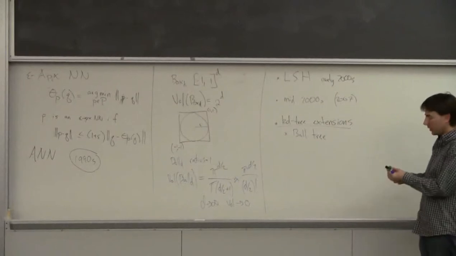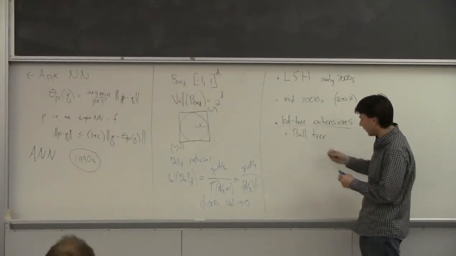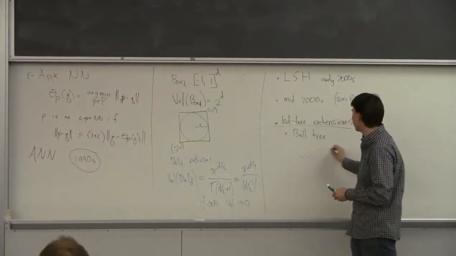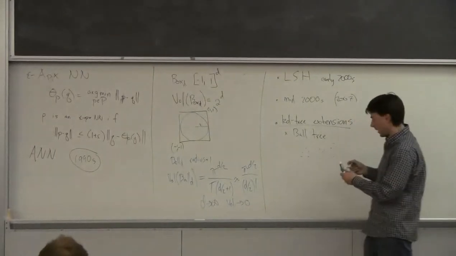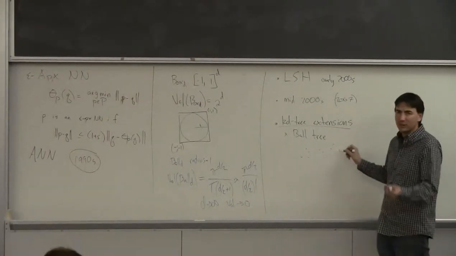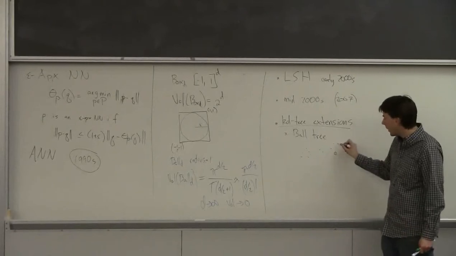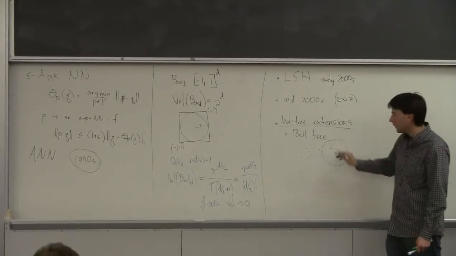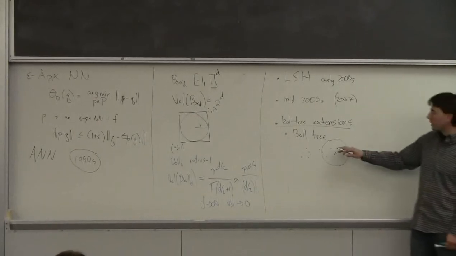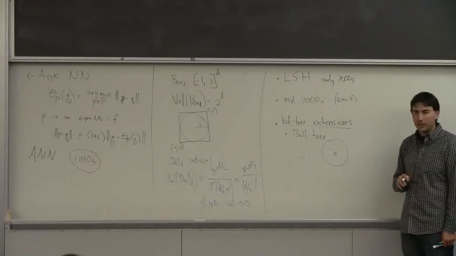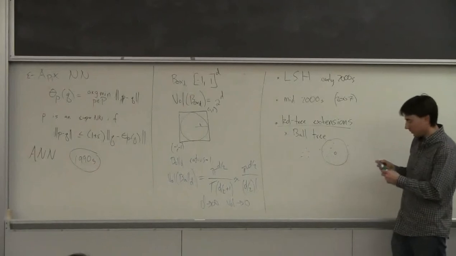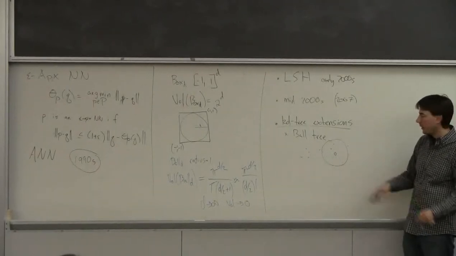But the ball tree said, let's look at all the data that we have. I'm going to pick a point in some way, maybe at random, and I'm going to draw a ball so it contains half of the points. So then either I'm inside the ball or I'm outside the ball. It could have been that there are some points out here actually, so I got lucky with this one.